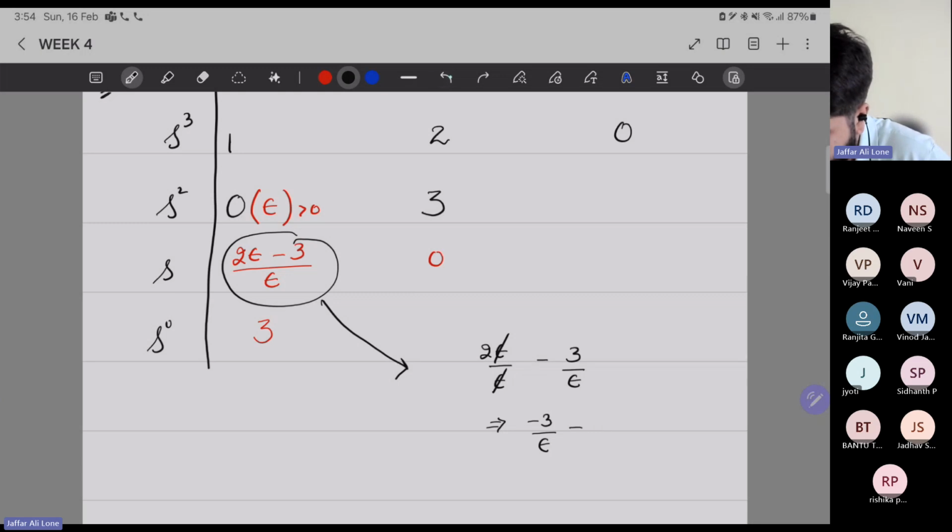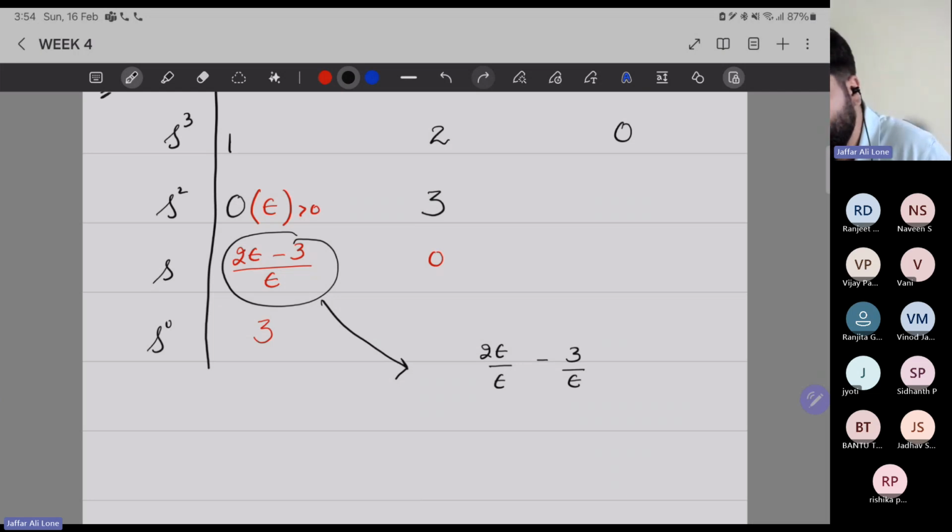Actually, if we approximate it, we'll get minus 3 over epsilon. Or leave that, don't approximate.